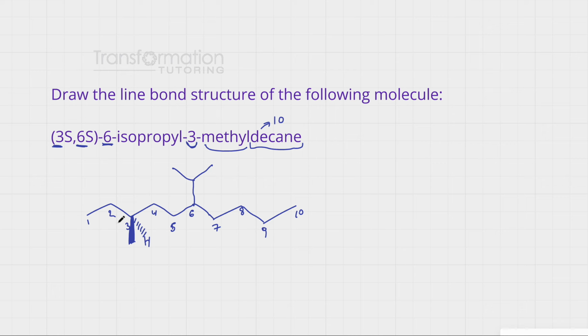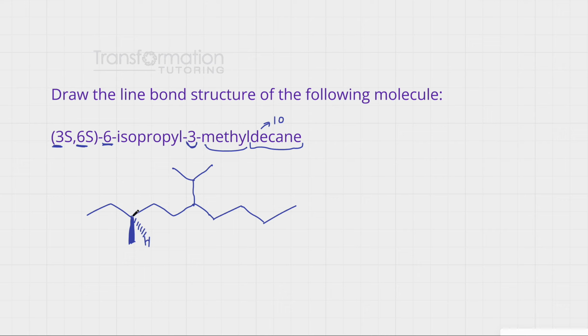Next, first I'm going to erase my numbers because they might confuse me. So let's go ahead and erase all the numbers. And next, I'm going to assign priorities to the 4 groups attached to my chiral center. I will assign priorities from 1 to 4, where 1 is the biggest and 4 is the smallest.